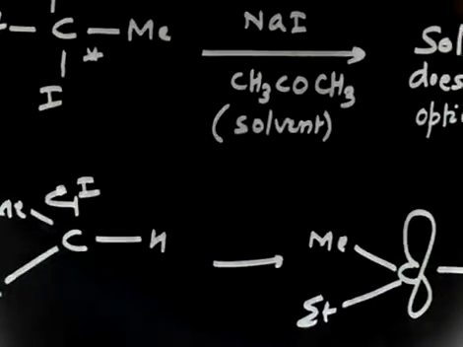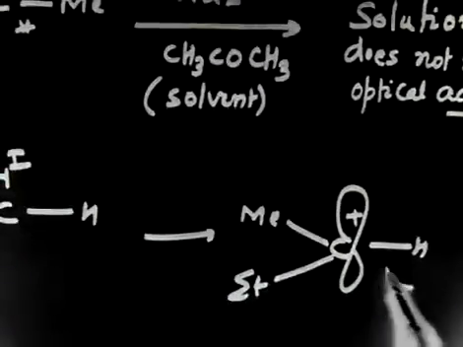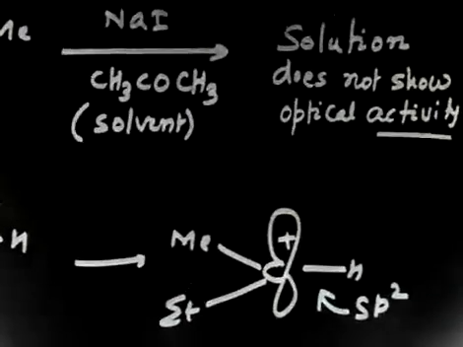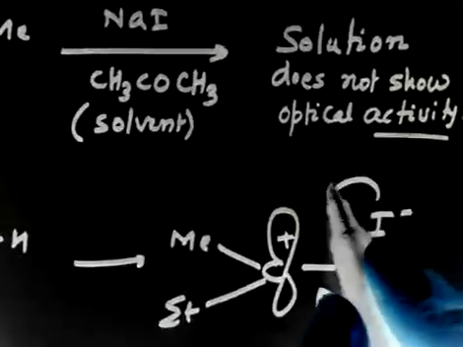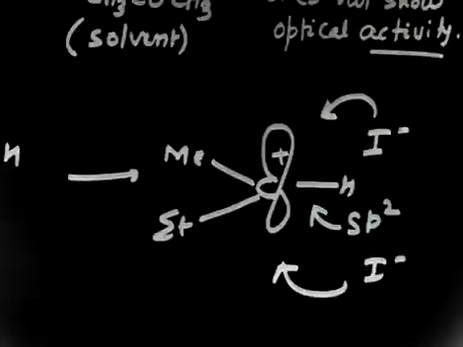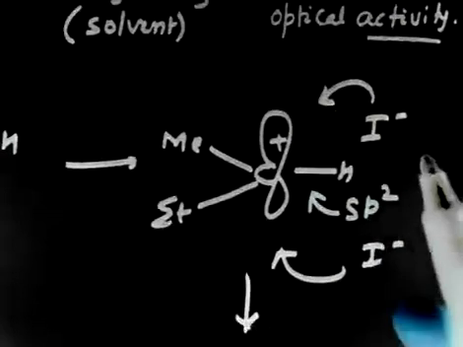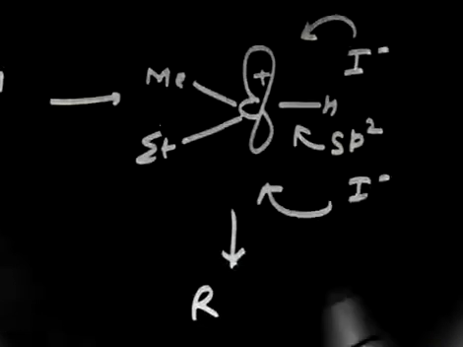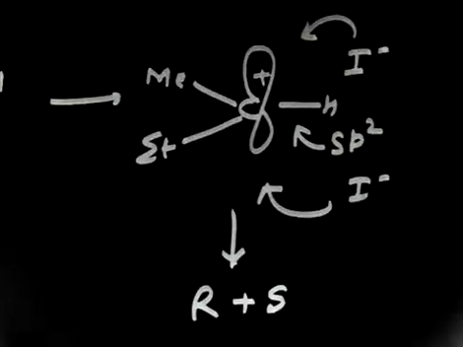Now you have a carbocation that is sp2 hybridized, and iodide I minus can attack from the top or from the bottom. Are you getting it? If it attacks from the top, you get one isomer, let us call it R, and if it attacks from the bottom, you get the other isomer, S.